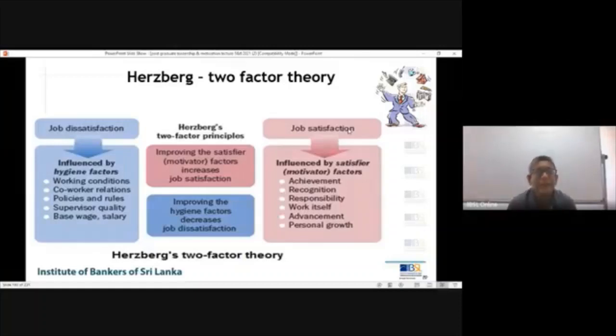What are the factors he considered to be hygiene factors, or sometimes we call dissatisfied factors? Working conditions, co-worker relations, policies and rules, supervisor quality, base wage and salary.